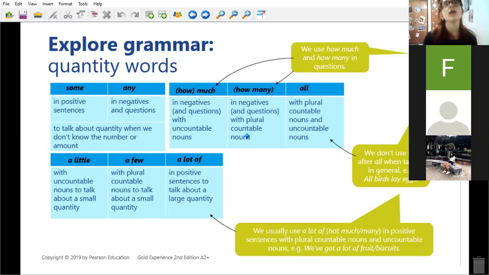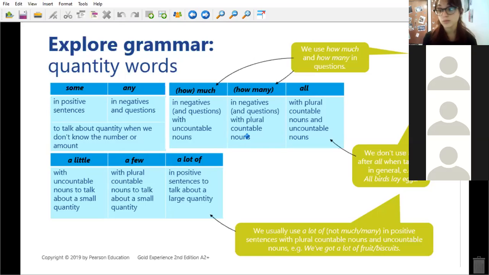So if I say, how much books are there on the table? Is that correct? No, because how much is used with uncountable nouns. Good. And how many water is there? No, that's incorrect as well.